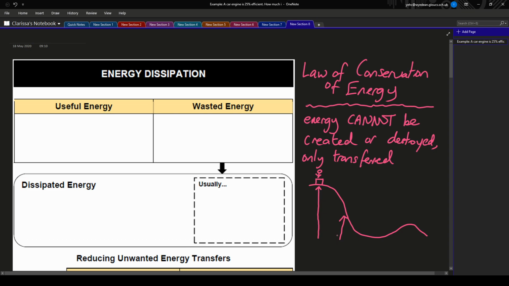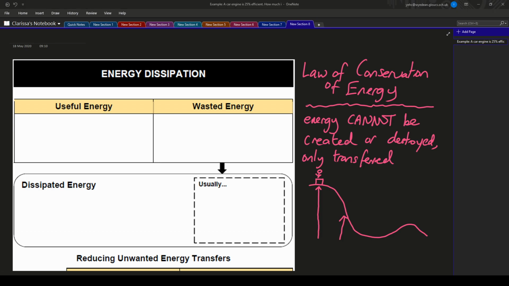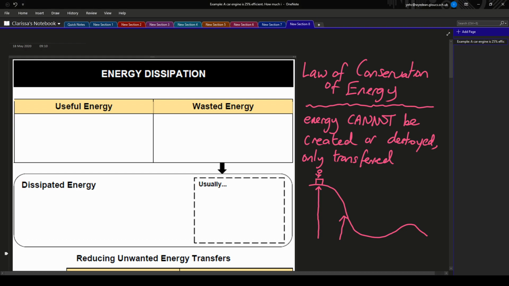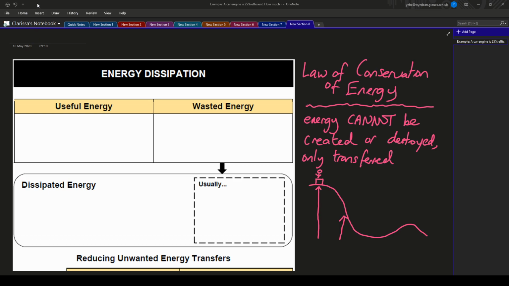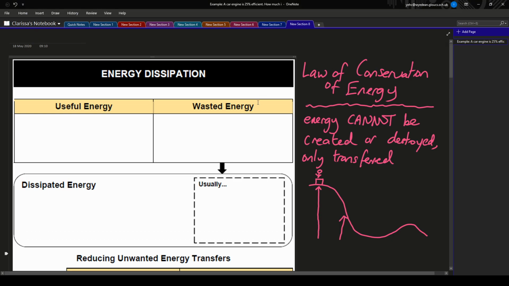Even though it might look like it has gone, it's only gone from that particular store. It's just transferred into something else. Energy in general can't be created or destroyed. So we're going to link that to today's topic, which is to do with energy dissipation.